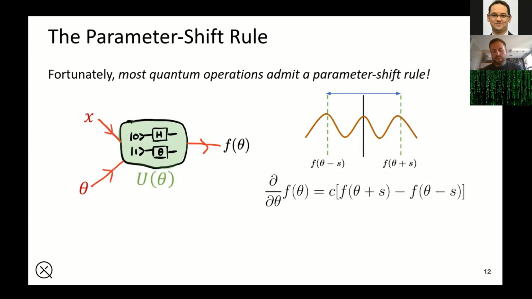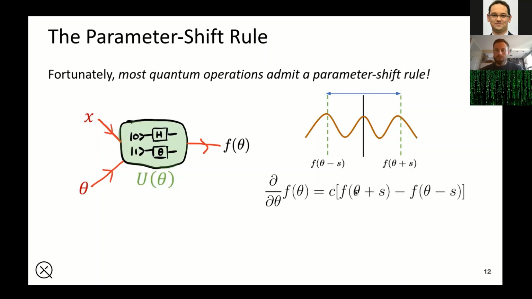The idea here is that if you have a quantum circuit and you represent it with some sort of a function f that takes a vector of thetas as input parameters, and you would evaluate this function at the position theta. If you instead evaluate the function at two other positions, theta minus s and theta plus s, then using these results, you can actually recreate the gradient of function f at position theta.